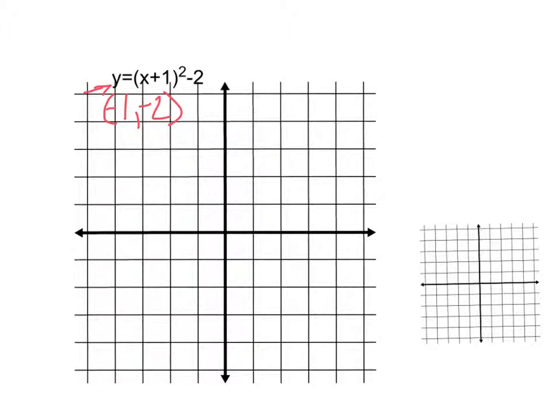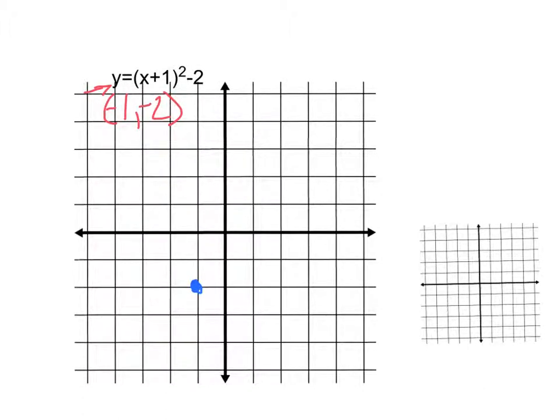So we can immediately jump into our graph and go ahead and line out our vertex at negative 1, negative 2. From this point, it would simply be a matter of filling in our t-chart. And if we go ahead and do that, that allows us to find several more points.